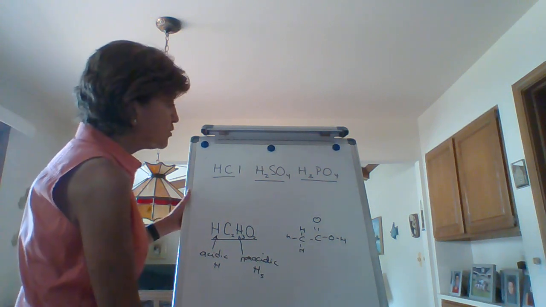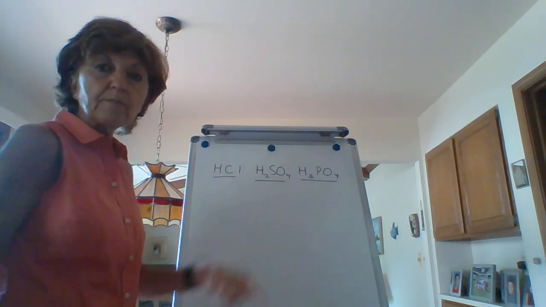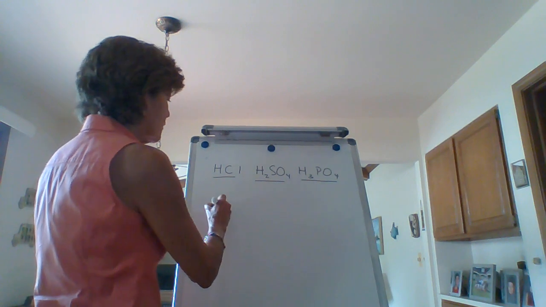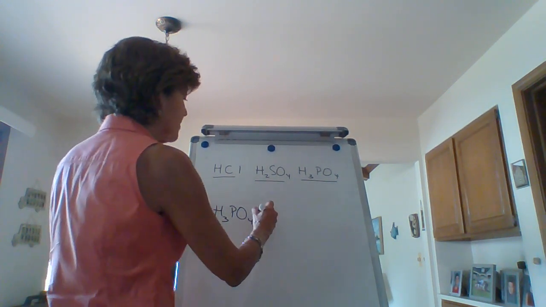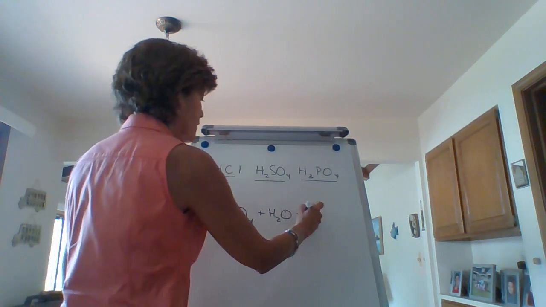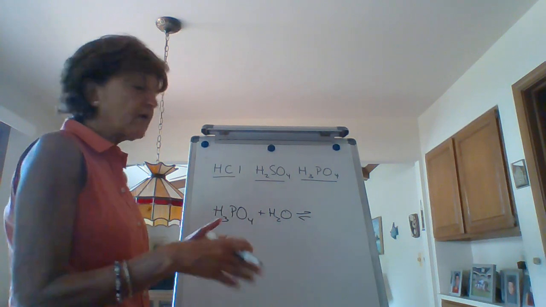All right, so I wanted to show you how a triprotic acid, for example, this phosphoric acid, can donate its protons. So it's a stepwise process. So H3PO4, let's say it's going to donate its proton to water. This is a weak acid, and we're going to learn all the weak and strong acids in a little bit.